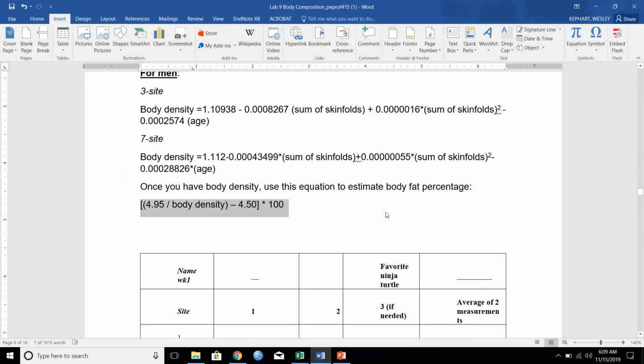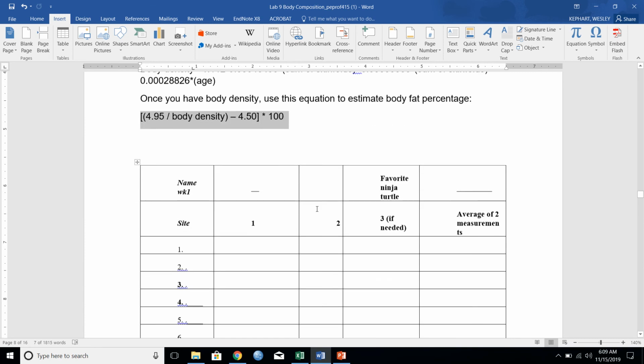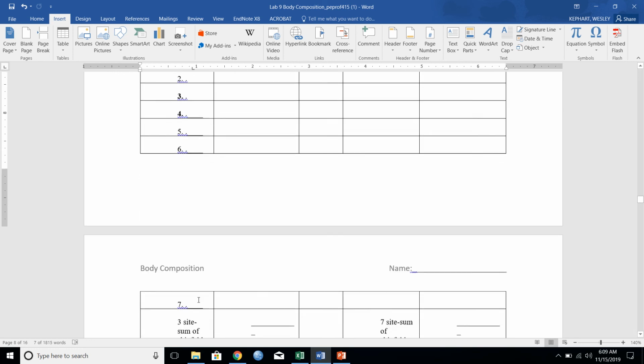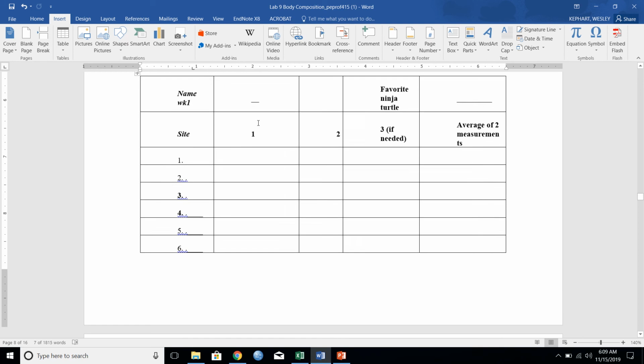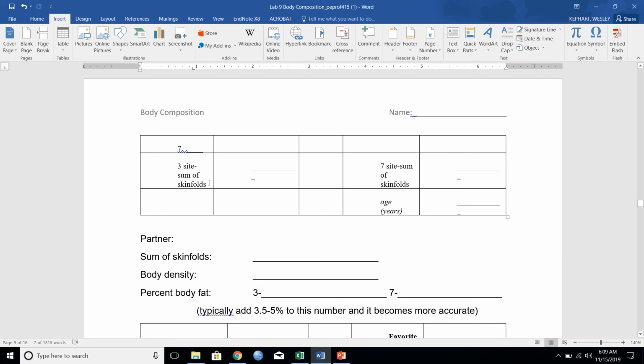I do have all of that written for you in the Excel document, so make sure to get that ready. It should help. For all the sites, you'll write which are the 7 sites that you're taking, and take them 2 times, a third if needed if they vary by more than 1 to 2, then average the measurements. I want you to sum the 3 site and 7 site skin folds and put their age in years.